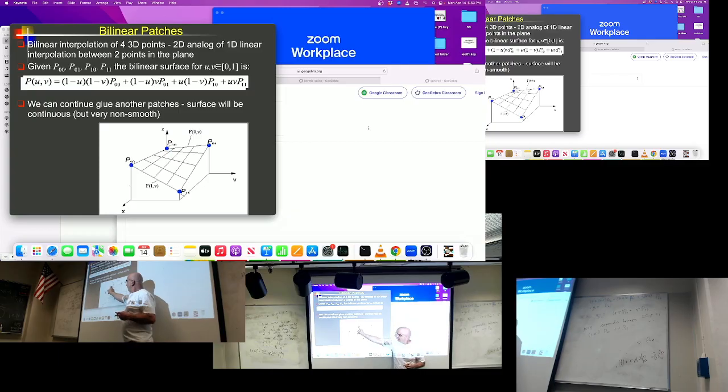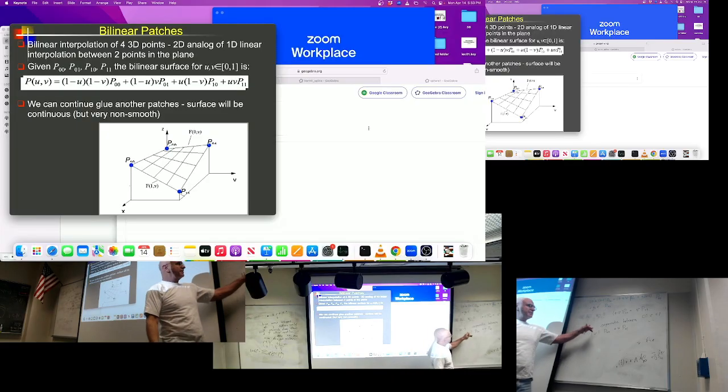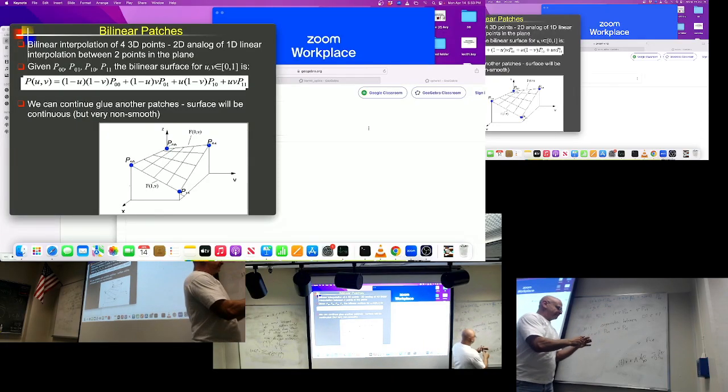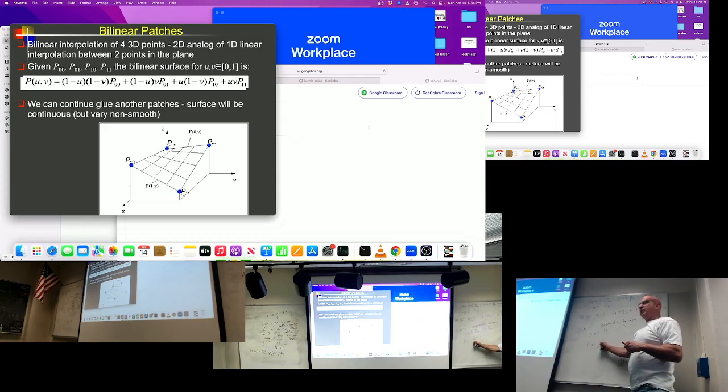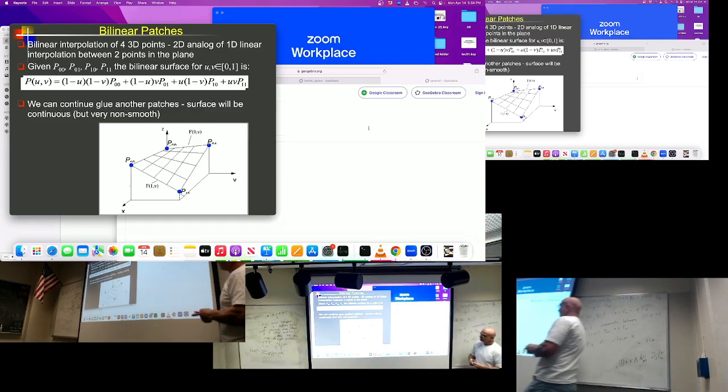So by picking v equals 0, I create this segment, by picking v equals 1, I get this segment, and now if I change the roles of u and v, I'll create the other 2 segments. Essentially, the moment you fix v and change u between 0 and 1, what did you create?